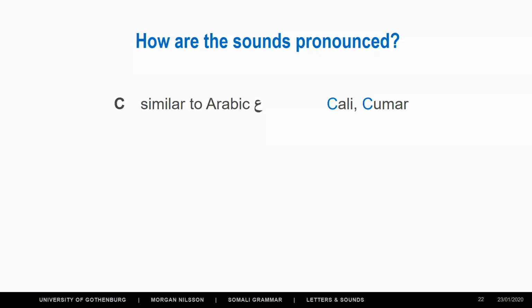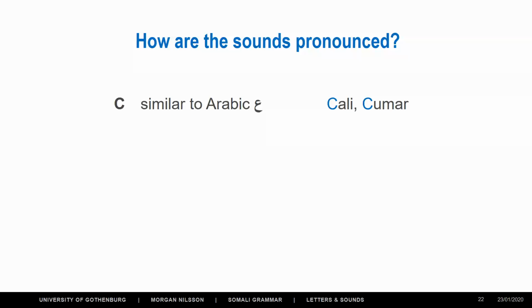Instead, it's similar to the Arabic Ain, and it's produced at the back of the mouth by pushing the root of the tongue backwards or even a little bit downwards into the throat, so that the passage for the air becomes very narrow behind the tongue root. And then there is some turbulence created in this narrow passage that makes this sound: Ali, Omar.